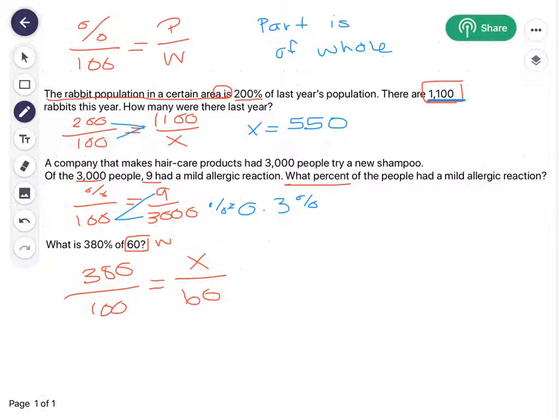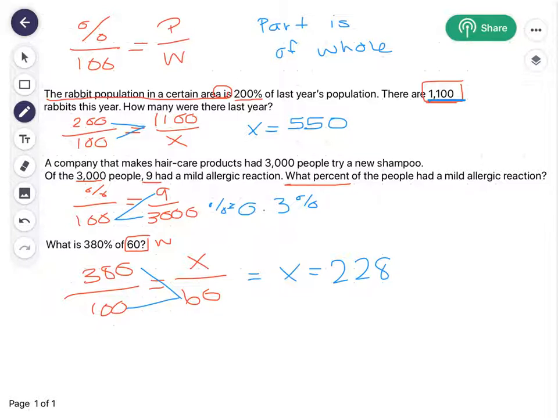Multiply your 380 times 60 divided by 100. 380 times 60 is 22,800, divided by 100, so x equals 228. Okay, so the number that is 380% of 60 is 228. So 228 out of 60 is a 380% on your exam. That's a pretty awesome score.